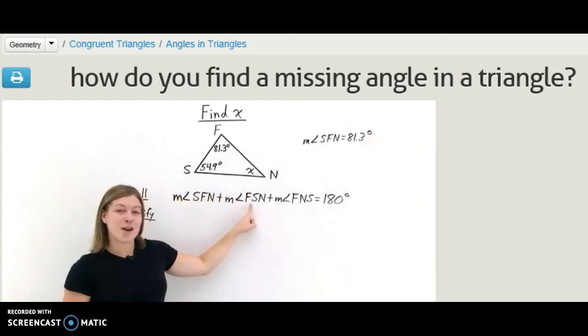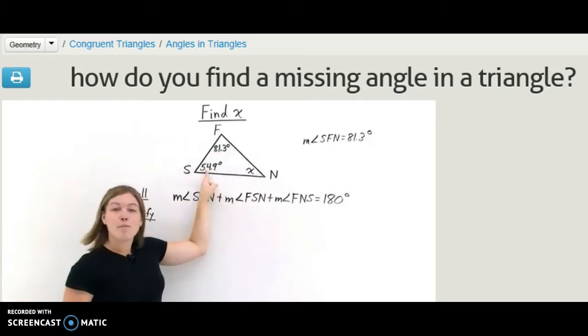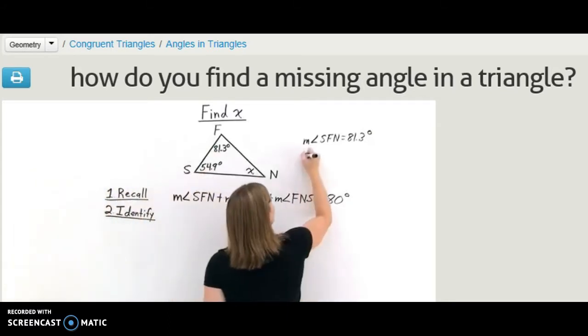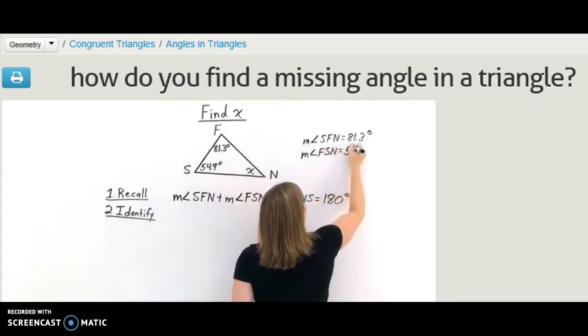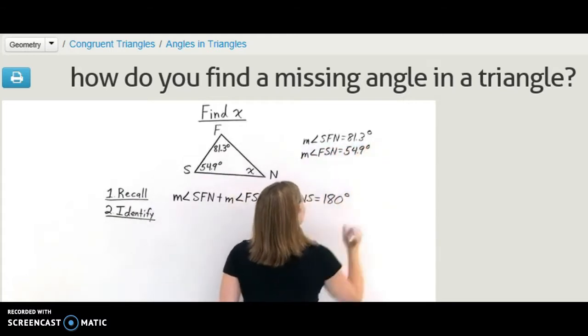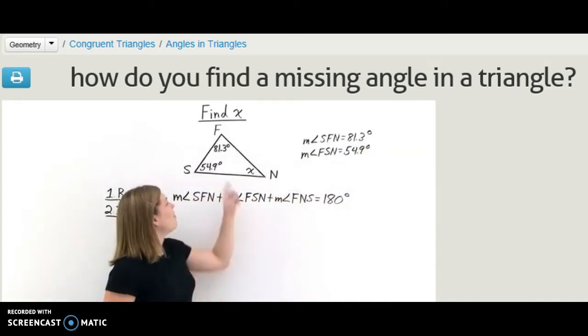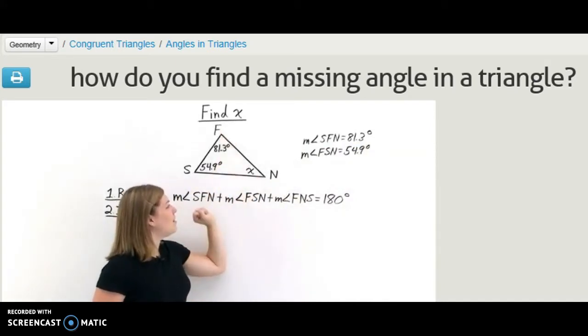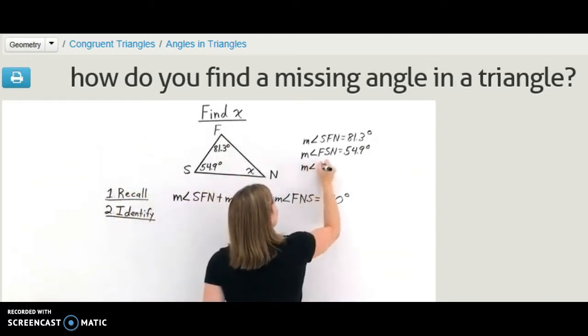Now let's look at this angle measurement, angle FSN. Well, that angle measures 54.9 degrees. So the measure of angle FSN is equal to 54.9 degrees. Perfect. Now let's look at that last angle measurement, angle FNS. That angle is x. That's the angle measurement that we're trying to find.